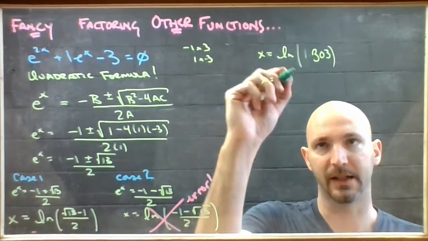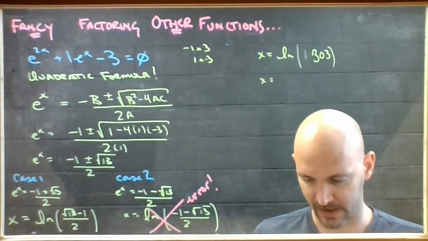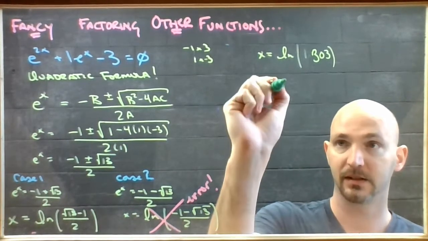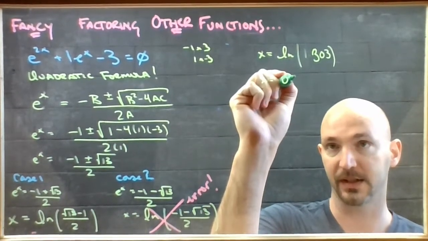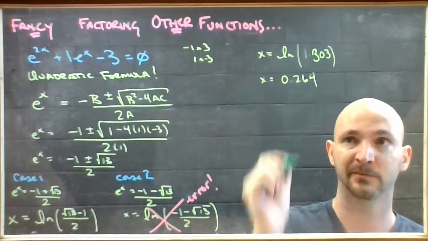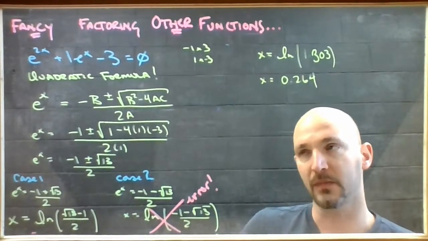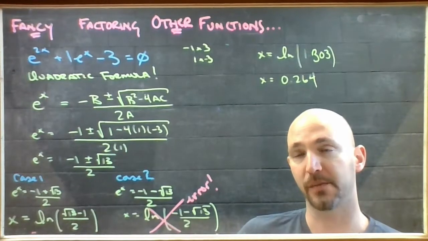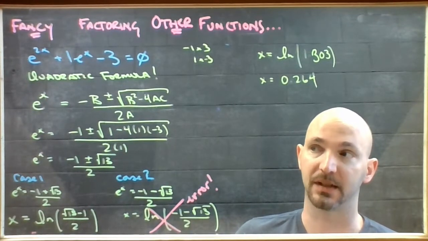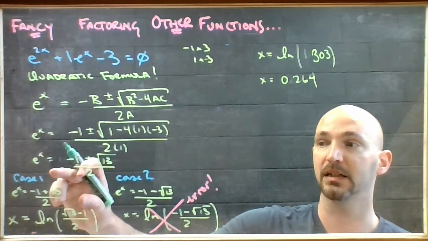And if I ln that, ln of my answer, I get 0.264 approximately. So I was able to use the quadratic formula on this thing with exponentials in it. It worked out just fine.